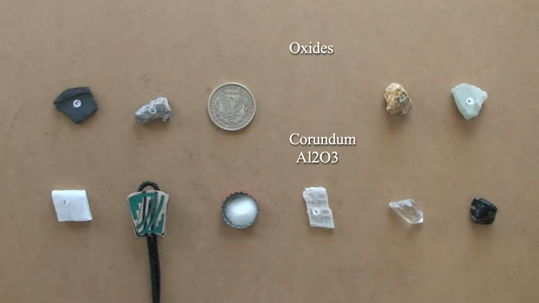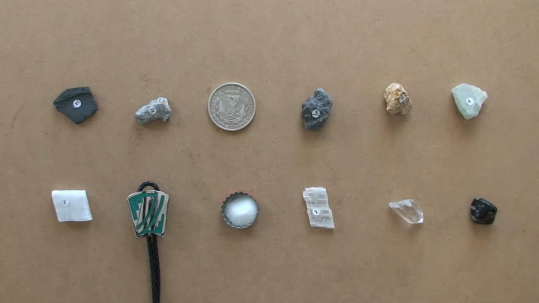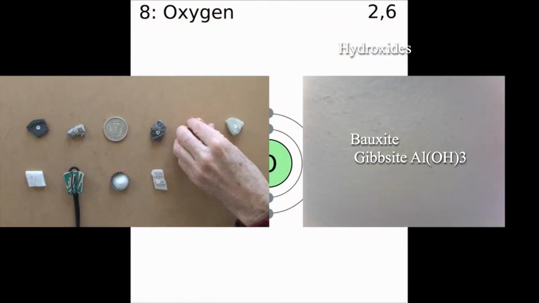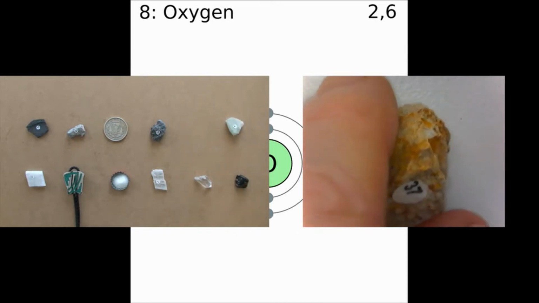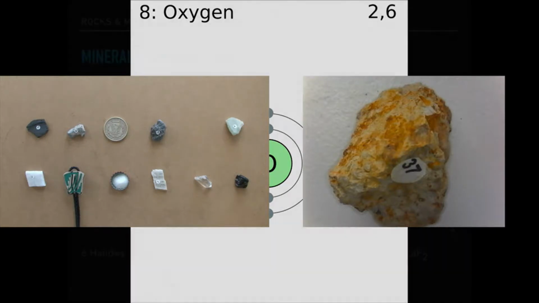Okay, so let's go. We'll put that back in its place, and we'll take the next group here, the hydroxides. So we'll grab that guy here, and I'll put that hydroxide here. And this one happens to be bauxite. And I just want to mention to you about bauxite. If I go to this list here.